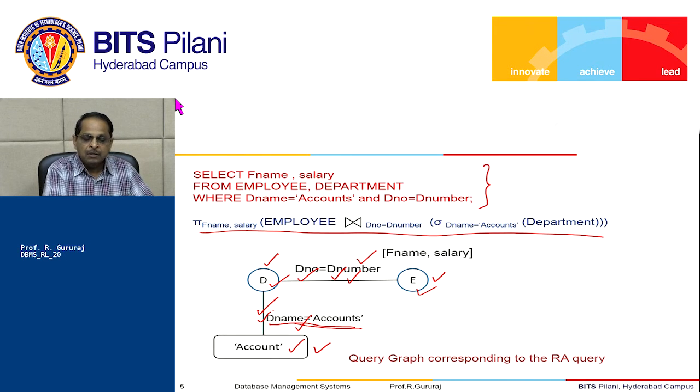Okay, nevertheless, once the tuples are joined and selection is done and finally it is to be projected, the result attributes are from the employee table, F name and salary.